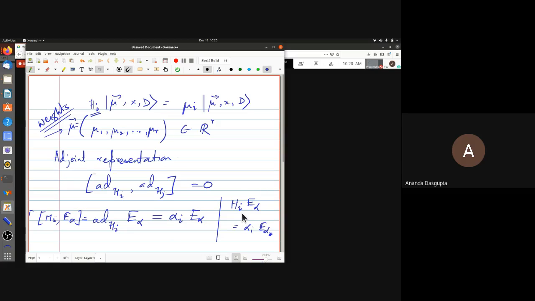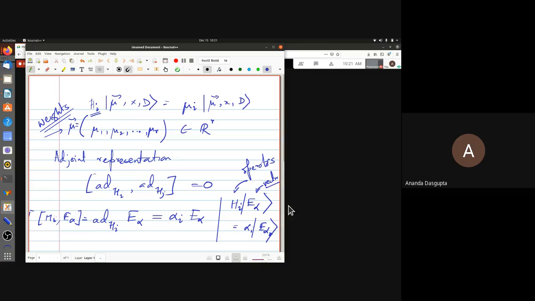But if he insists on using HI acting instead of saying ad HI acting, which is what he does throughout for consistency, he has to say this is a different kind of action. So these are the operators and this is your vector. The vector happens to be nothing but the Lie algebra generator, and the operator here is the operator representation of HI, which is the ad HI operator.